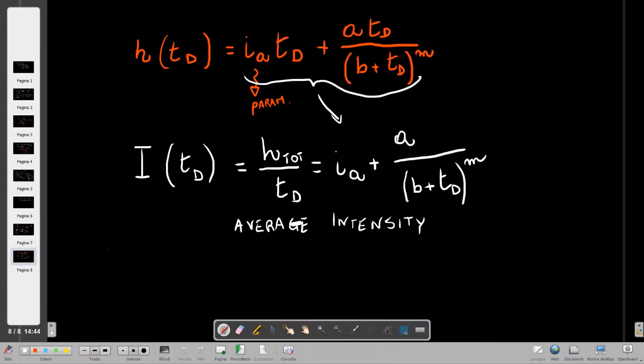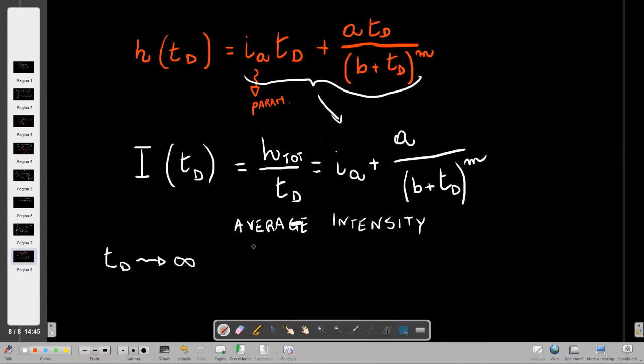It can be observed that if the duration of the event is very large, so you can think of a very long rainfall event, in your personal experience, you can guess that the average intensity is rather small.